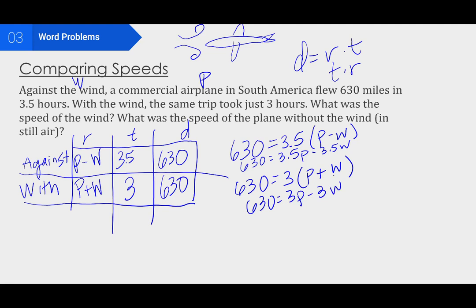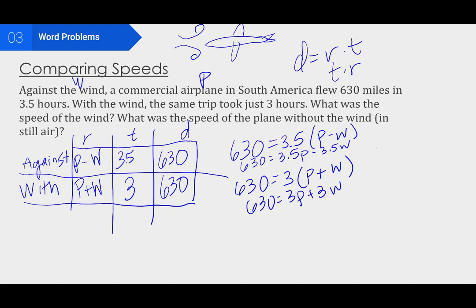Okay, one word of caution. We can see, 630. They're equal to each other, so we can just set them equal to each other. But that still has two variables, so it doesn't solve the equation for us, but it would give us a third equation. So we could try it.